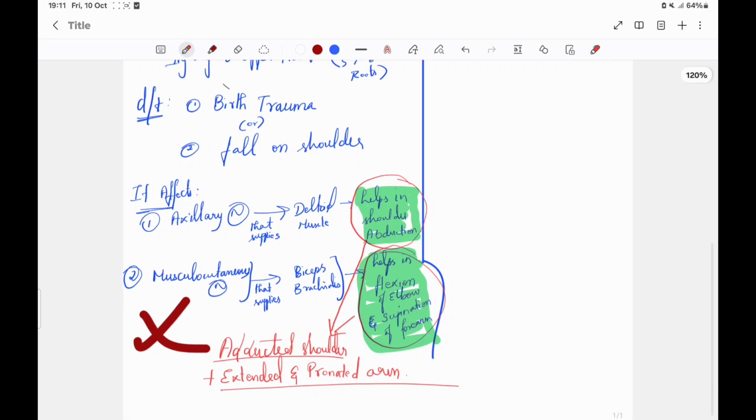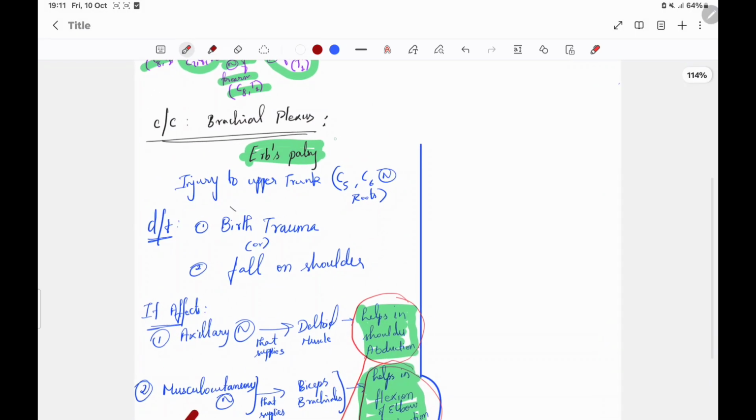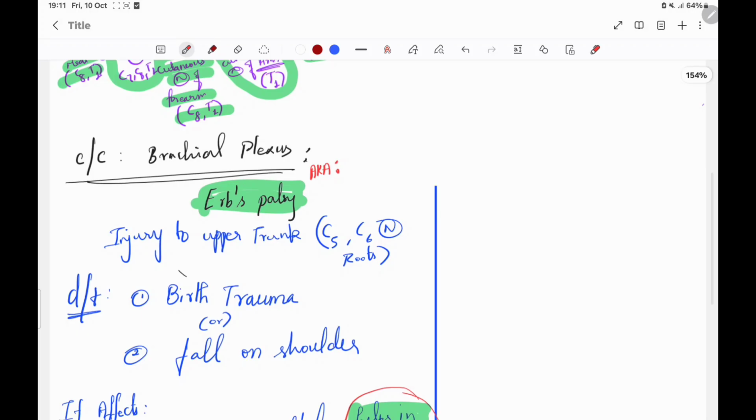It's also known as policeman's tip deformity, or waiter's tip deformity.